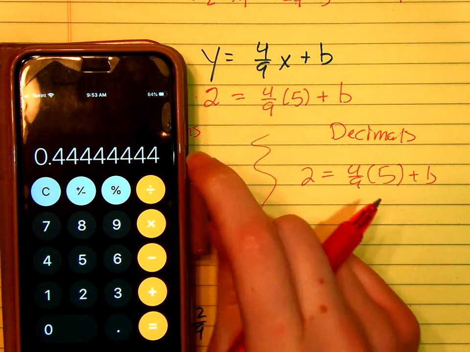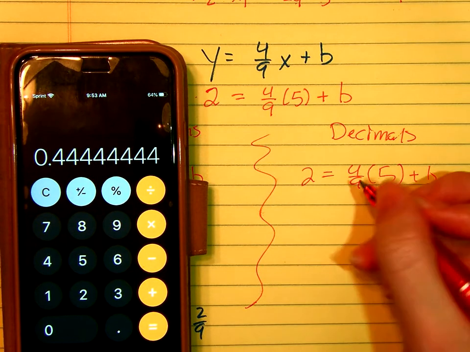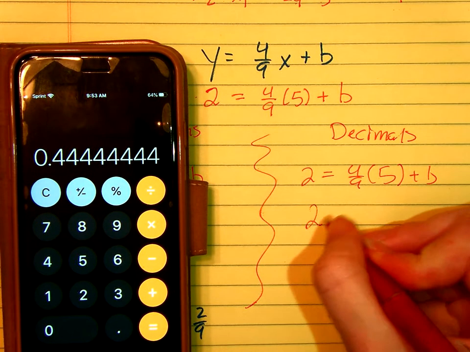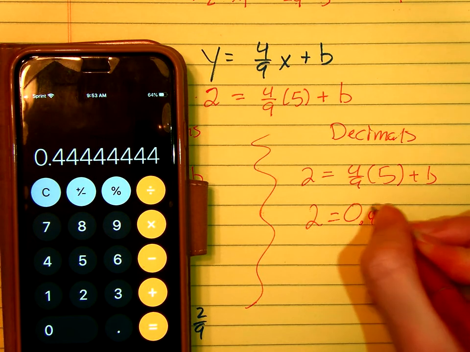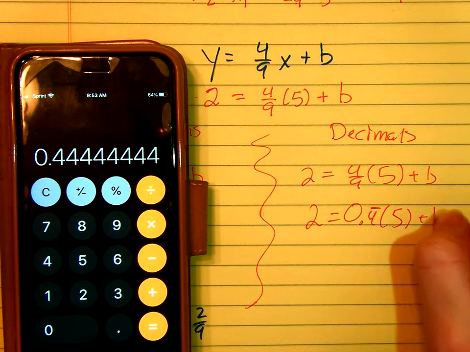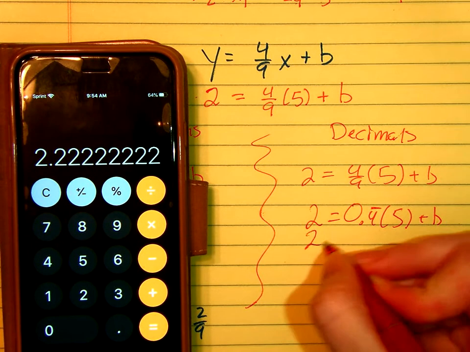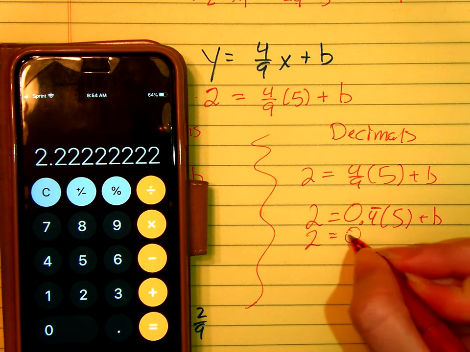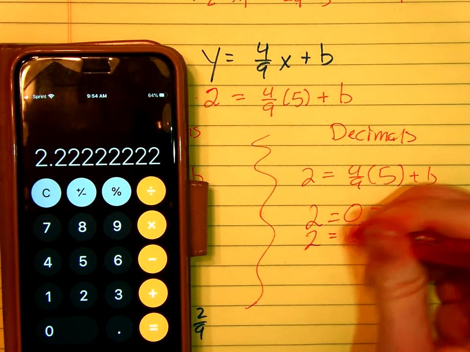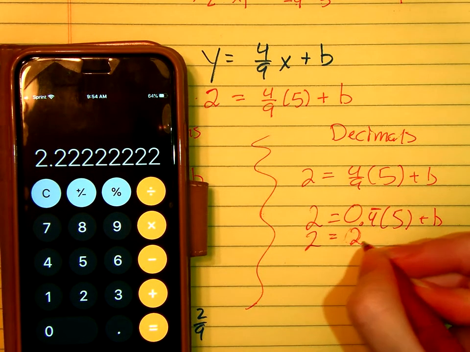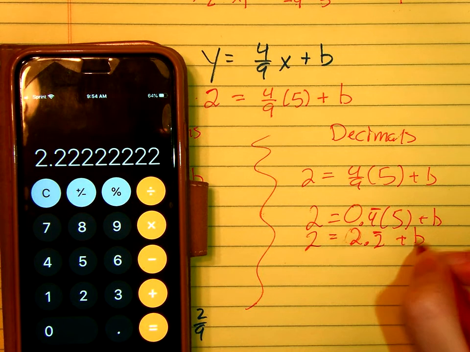We're going to have to keep this in the calculator so that we don't totally lose the fraction. So we get 2 equals 0.4 repeating times 5 plus b. Multiply that times 5, so 2 equals 2.2 repeating plus b.